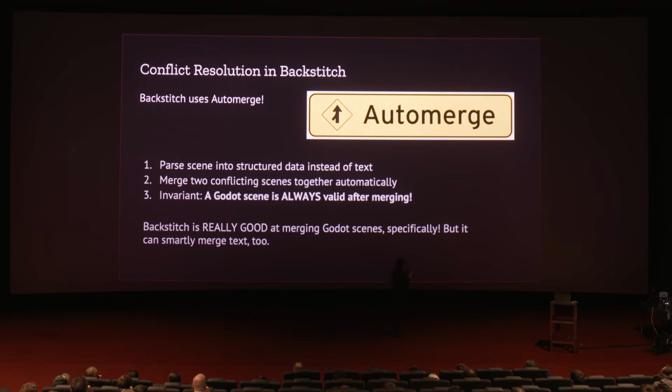And we maintain this really important invariant where no matter what was in either scene, the resulting scene is always going to be valid. We're never going to have a corrupt scene that Godot is unable to open. So no matter what, even if something looks kind of wrong, like we saw in the demo, you can always just go into Godot and fix it yourself.